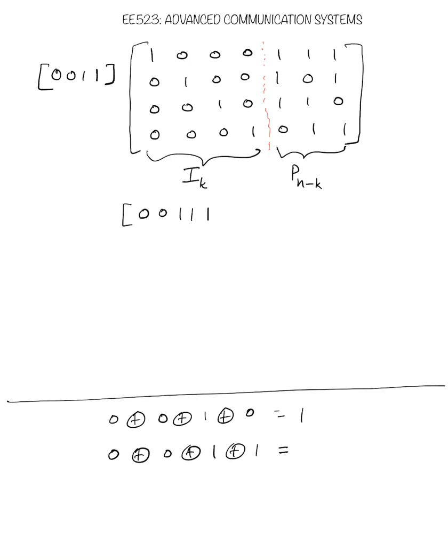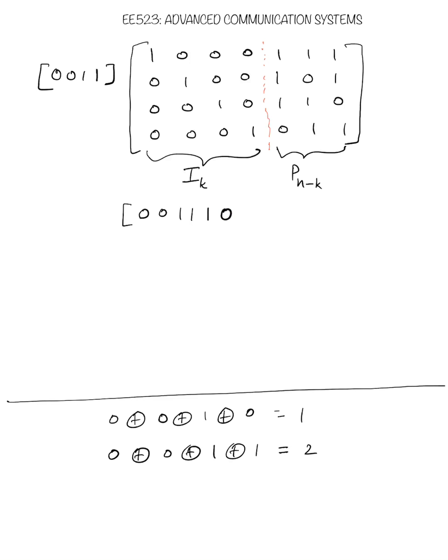So the modulo 2 addition will give you 0, because when we do modulo 2 addition, we take the remainder after dividing by 2. The total answer here is 2. When you divide 2 by 2, the remainder is 0, right? So 2 is an even number, even means 0. If the addition comes out to be an even number, the corresponding bit would be 0. If the addition turns out to be an odd number, the corresponding bit will be 1. So since it's 2 now, the bit that you get here is a 0.